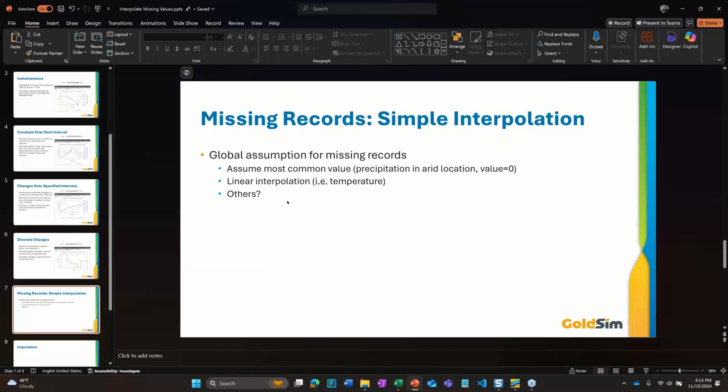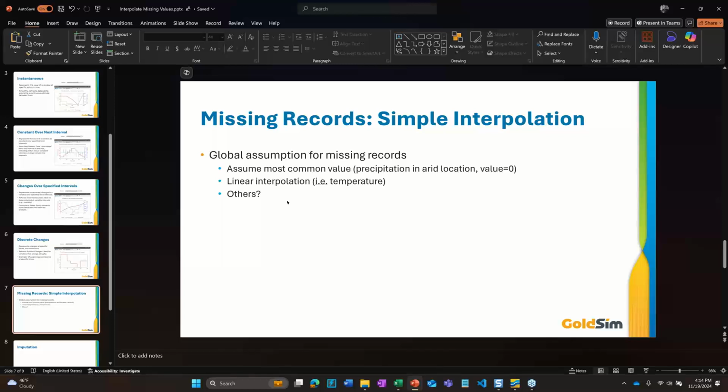And if that's the case, then you could make a fairly reasonable assumption that for any missing records, we're just going to say it's a 0. Maybe you could say, okay, that's conservative, right? I mean, maybe the gauge stops working when it rains. That would be unfortunate; we would miss those points. But if you don't think that's a common situation, then you could just say, all right, anything that's missing, we're just going to assume that there are zeros.